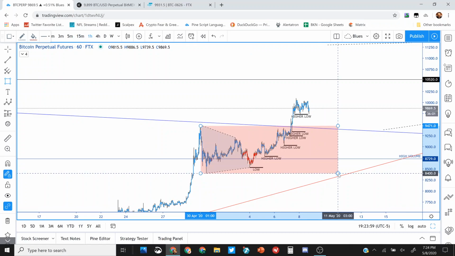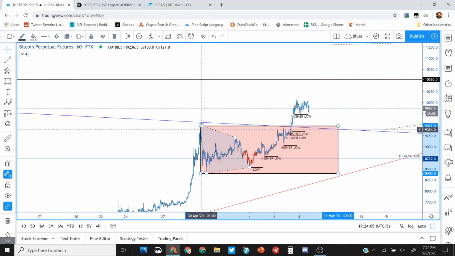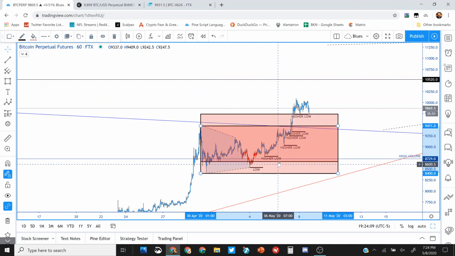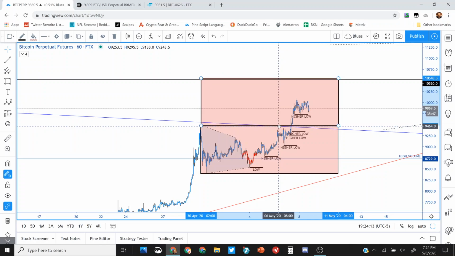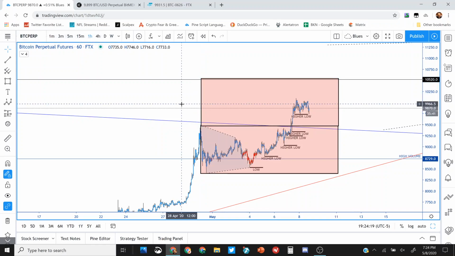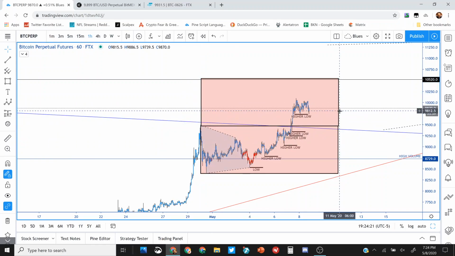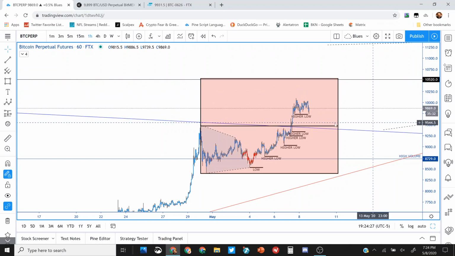So just take a box, marking out the high and low of the correction, and double the box. 1x, 1 times the amount of the correction. We're not even there yet. So at minimum, I'm really expecting to see at least 10,500 out of this.